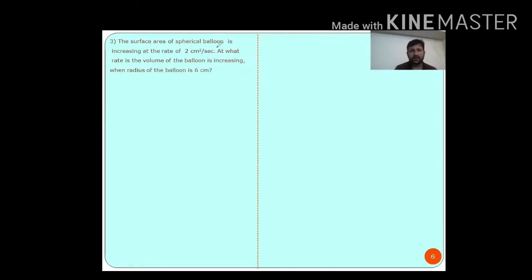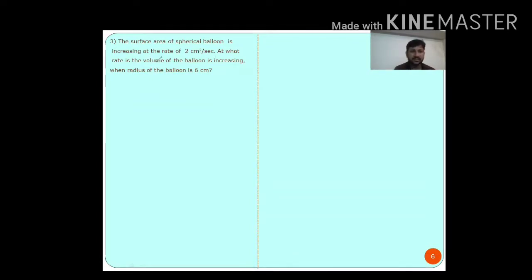Okay, one more question for rate measure. The surface area of a spherical balloon is increasing at the rate of 2 centimeters square per second.